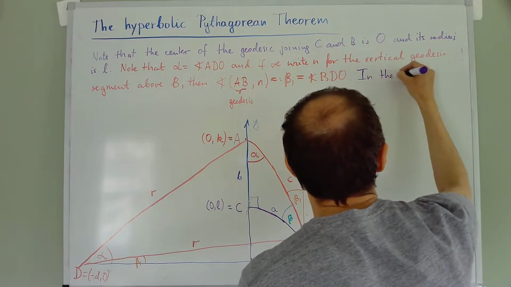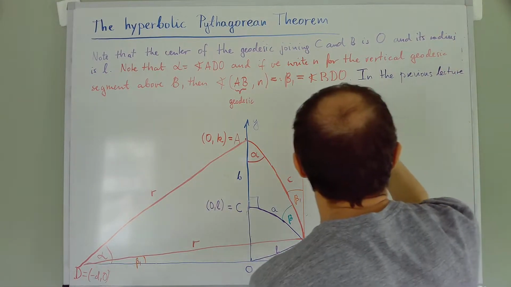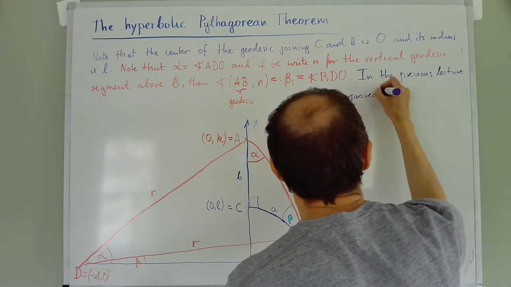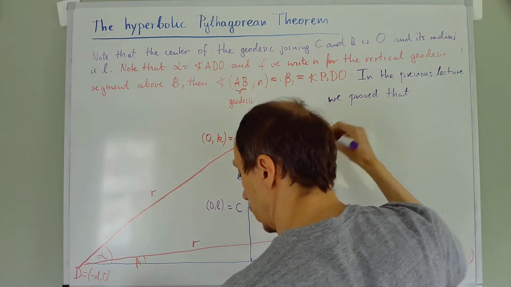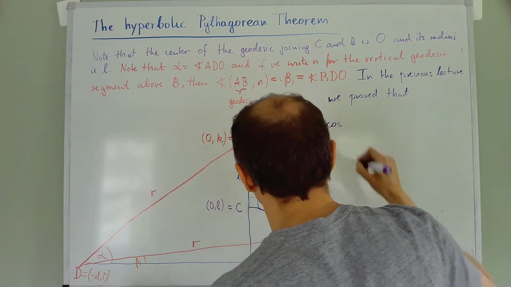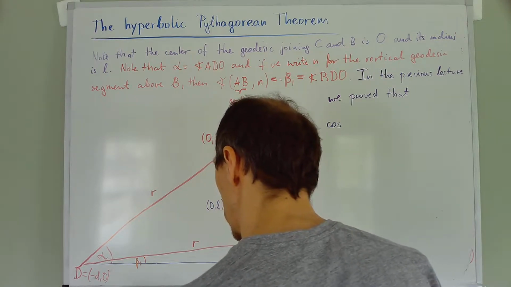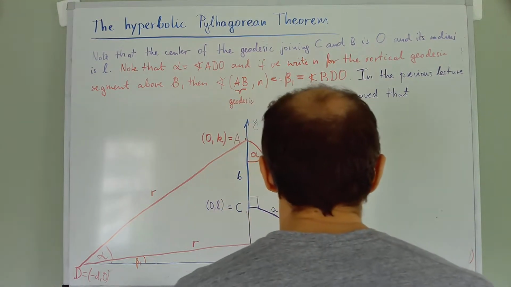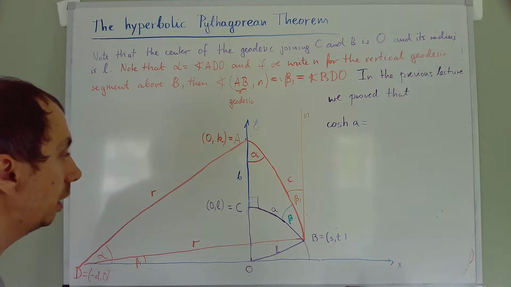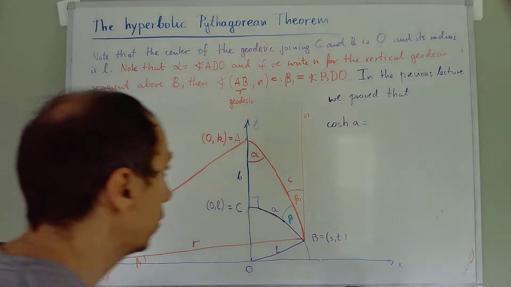In the previous lecture, we proved that I want the hyperbolic cosine of A, which is equal to, so what was the formula? The formula was 1 plus cosine alpha cosine beta.